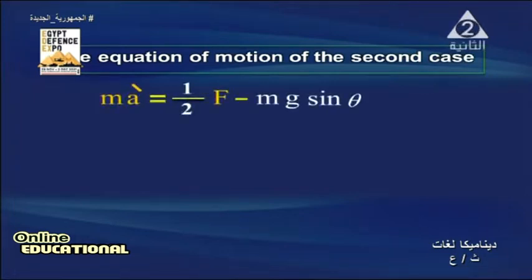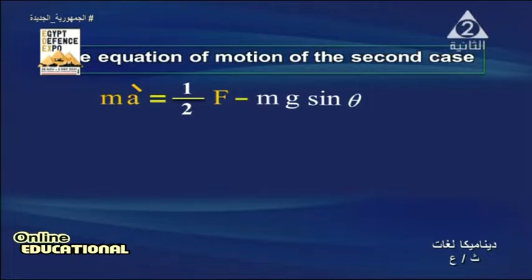The equation of motion of the body is ma dash equals half F minus mg sine theta. In the second case, the body moves under the action of a force equal to half the magnitude of the previous force, half F, and the direction of this force is upward the plane, and the body moves upward the plane with a retardation acceleration.